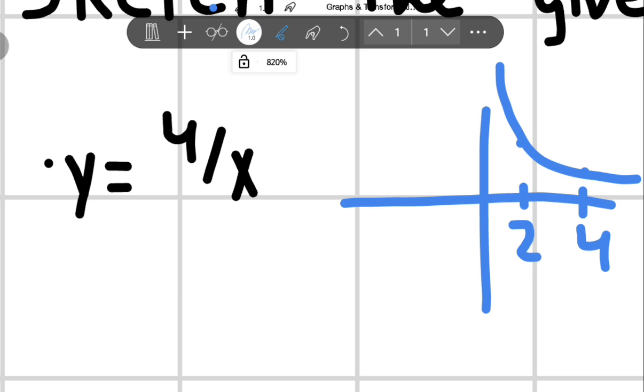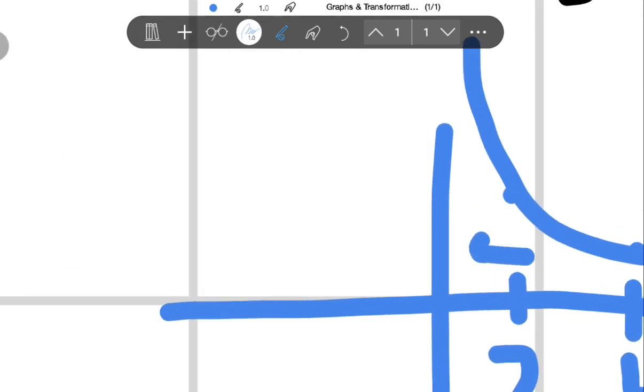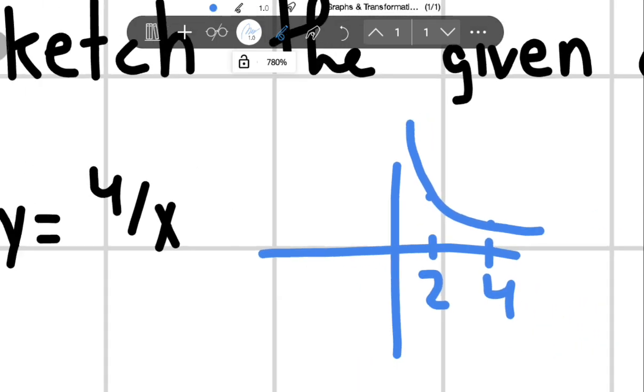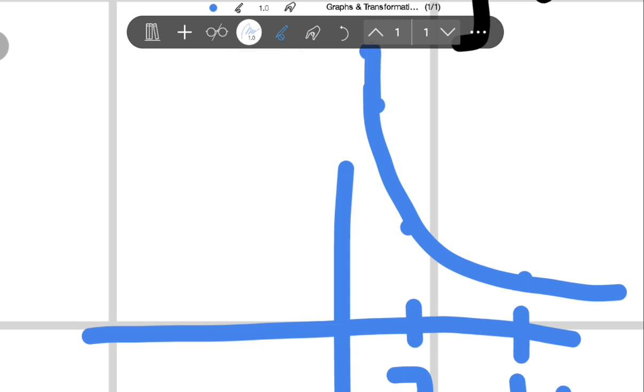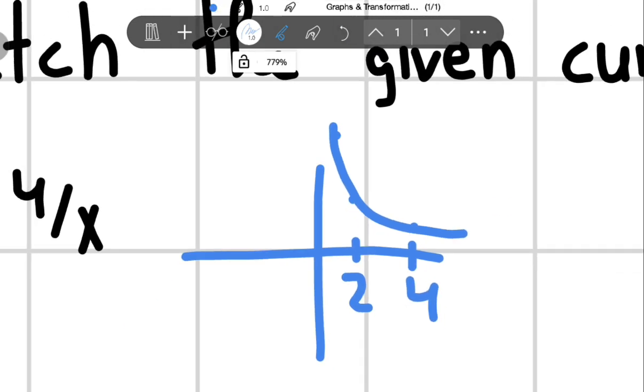If you go along here, it will generally keep going up to infinity. However, it will never actually touch the y-axis.